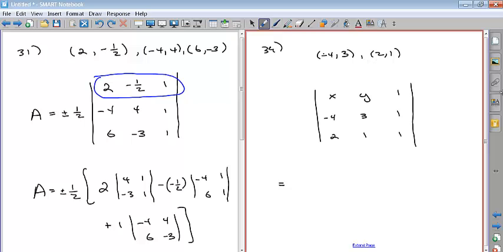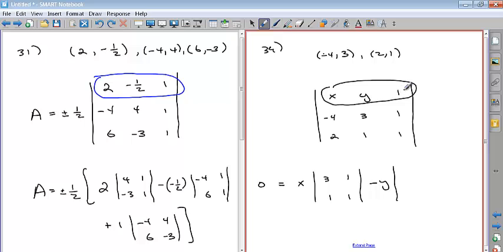So I'm going to choose the top row. So you have x, I guess this is equal to 0. So you get x times the determinant that this, then you have minus y. So you take that row, that column, you get these 4, negative 4, 1, 2, 1, and then plus 1. That's the 1, and then you use these 4.